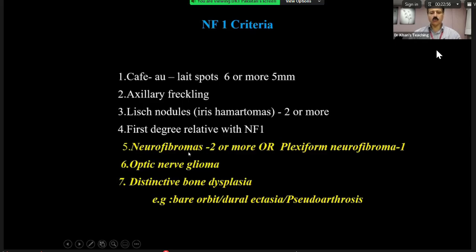So what is in the definition? Neurofibromas, 2 or more, or a plexiform neurofibroma. Then optic nerve glioma is part of the definition. And then distinctive bone dysplasia, which includes bare orbits, dural ectasia, and pseudoarthrosis. So with this background, let's see the type of cases which can come in the exam.